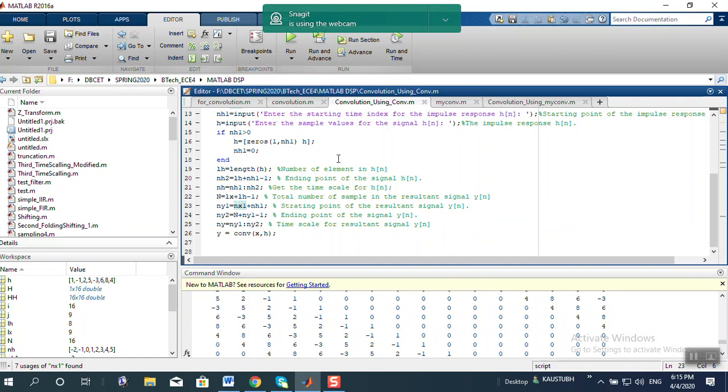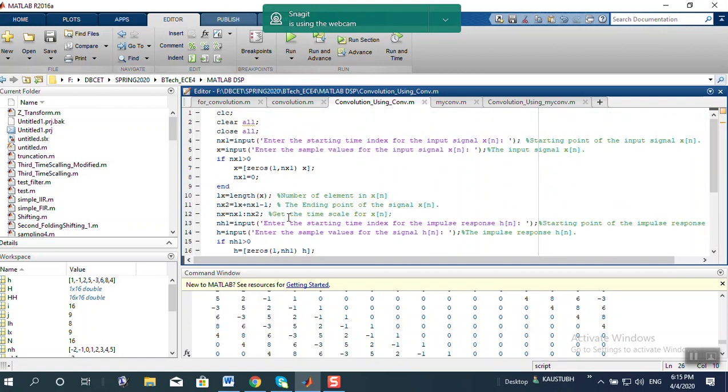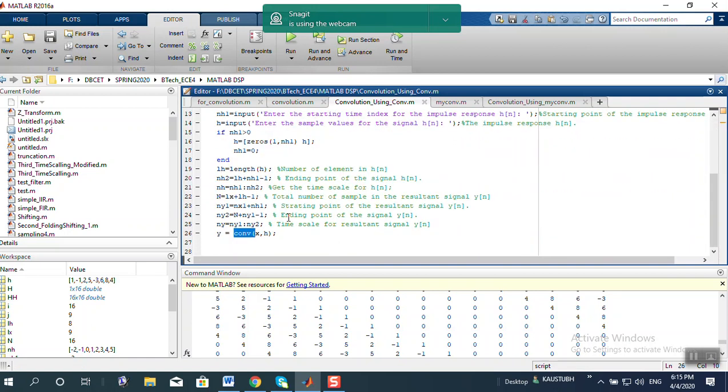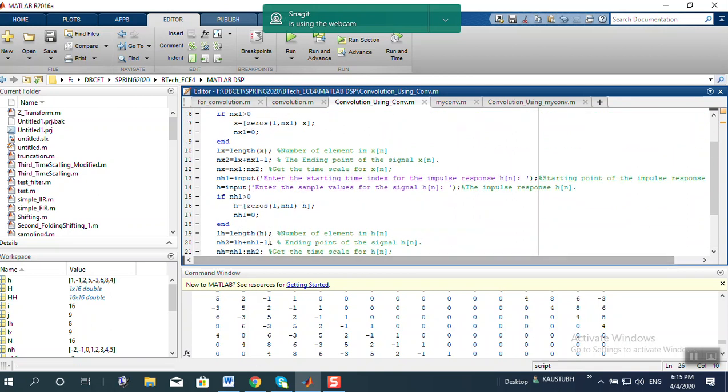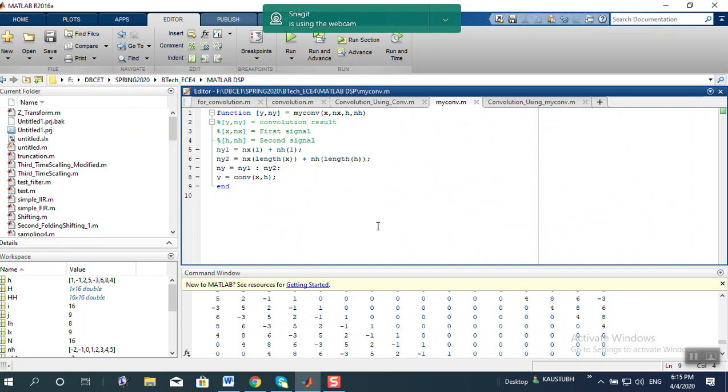So better to use it as a function. Like these built-in functions, we can make our own functions. It's very easy in MATLAB. Let me explain how we can create our own function. For this purpose, I'll make one function.